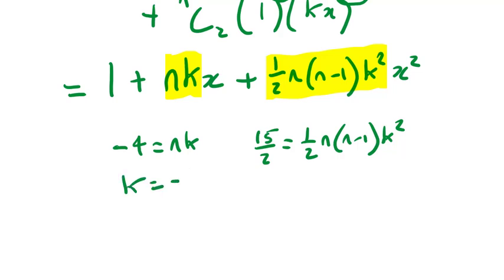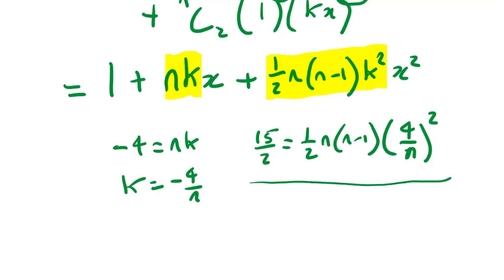k is minus 4 over n. Substitute that in there. I'll just shortcut that. I'm going to put a minus 4 over n in there. Notice I got rid of the minus sign because I'm squaring it. Just thinking ahead a bit. I've got this nice expression here now. I'm going to cancel the 2's, multiply both sides by 2. Just looking to simplify.